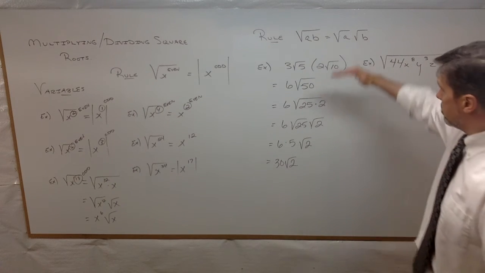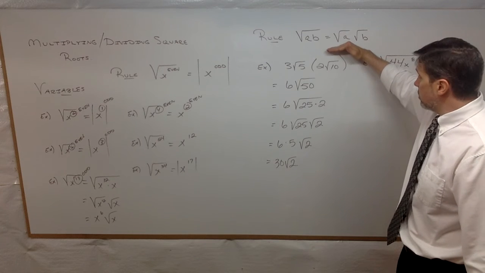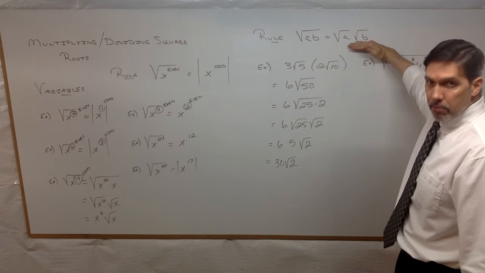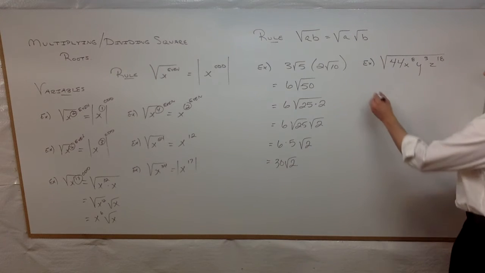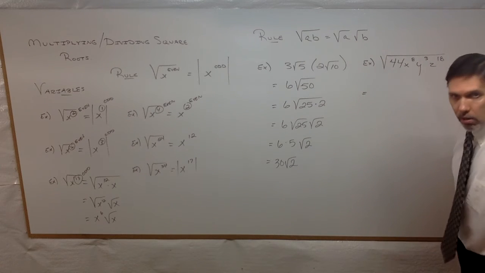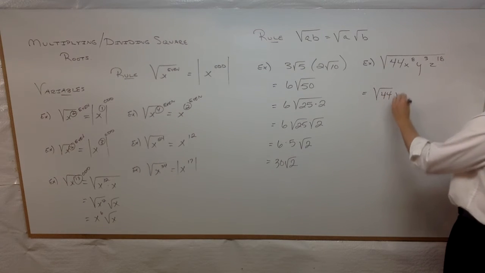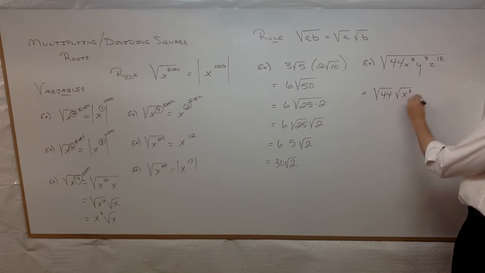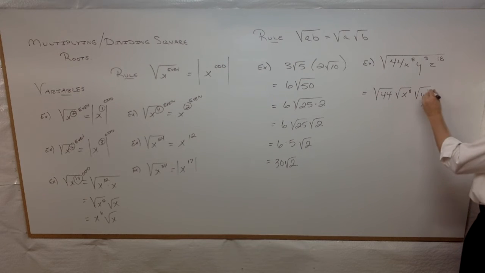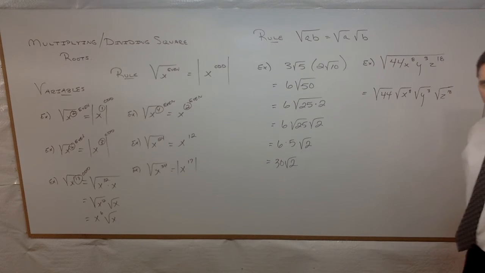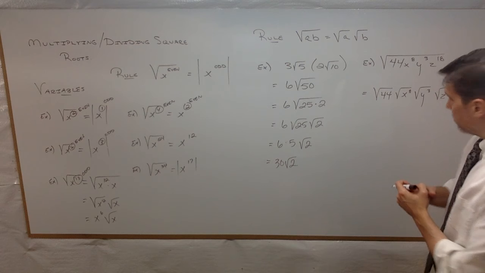But the idea is we're just using this simple rule. In this case, we already have the product. We're splitting this back up into easier parts. So turn this into 4 simpler problems: the square root of 44, the square root of x to the 8th, the square root of y cubed, and the square root of z to the 18th. So 4 simpler problems that we're just going to multiply back together here.